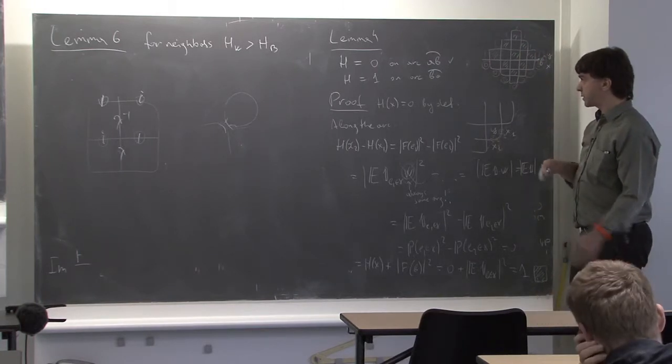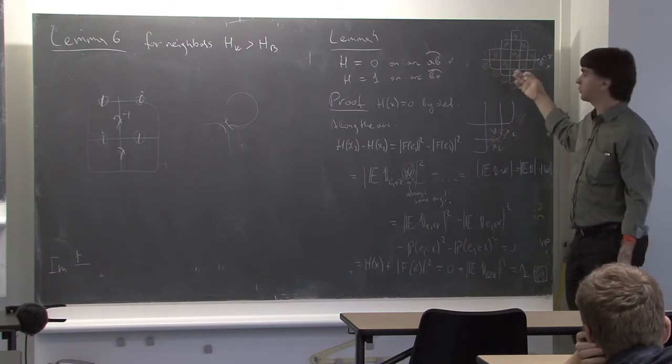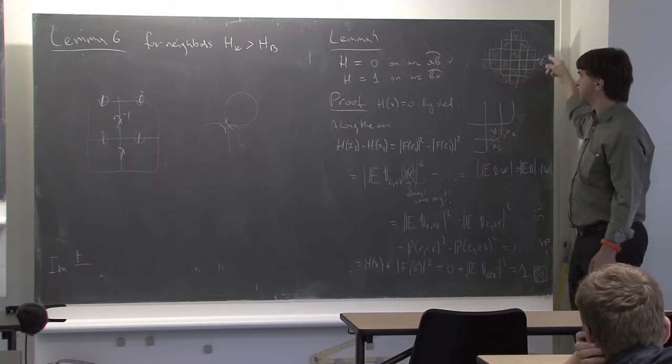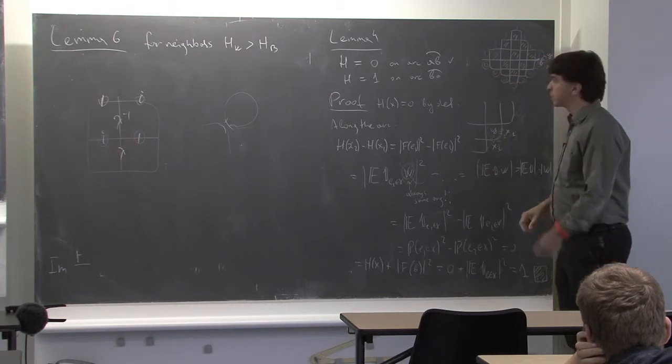Now, it's more logical to consider just H white or H black, but we have to do both because one gives us half of the boundary values and the other gives the other half.